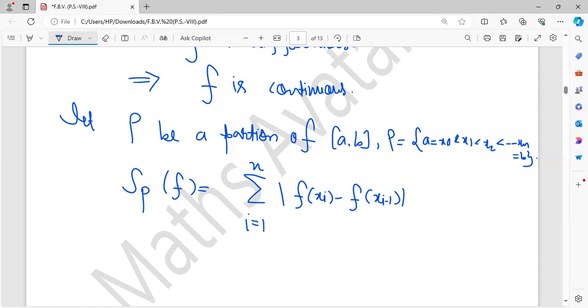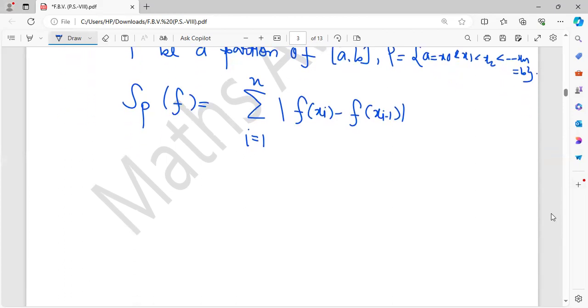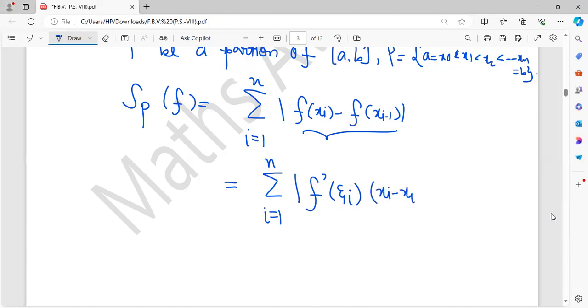Now by the mean value theorem, because the function's derivative exists, this will be equal to the summation i goes from 1 to n of the absolute value of f dash at ξi times (xi minus xi minus 1).